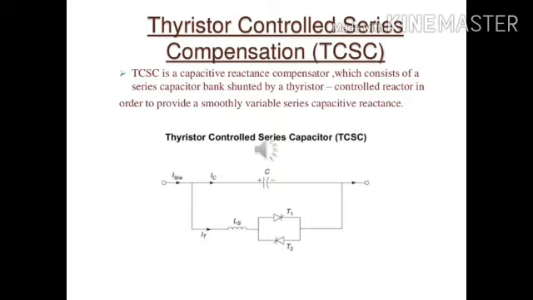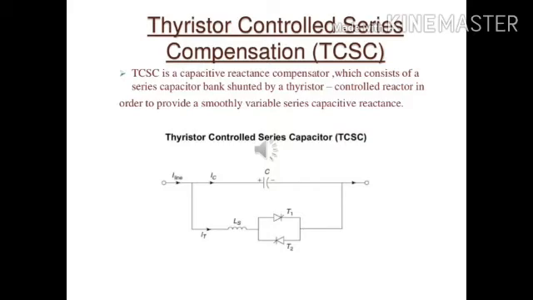In the figure of TCSC, it consists of a capacitor bank in parallel with a thyristor controlled reactor. The triggering angle of the thyristor controlled reactor decides whether it acts as an inductor or a capacitor, whether it generates or absorbs reactive power, and whether it handles an under voltage or over voltage condition. This depends upon the triggering angle alpha.